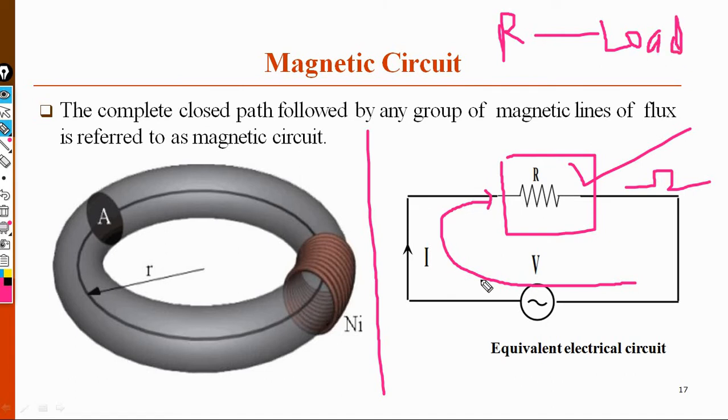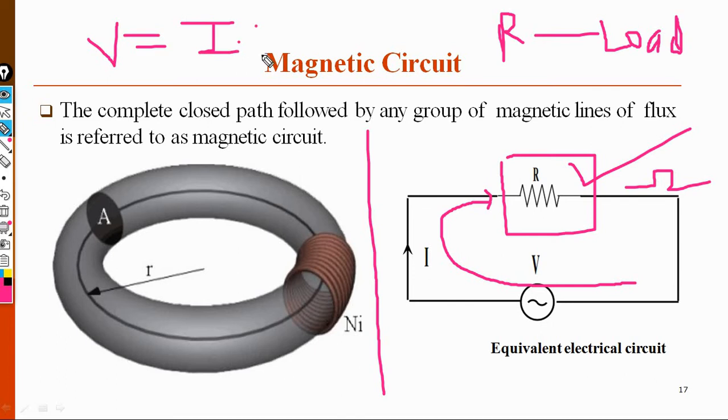Then voltage is applied, and current flows through it. At that instant this resistance depends on current. For example, Ohm's law, that is V is equal to IR. This is Ohm's law.